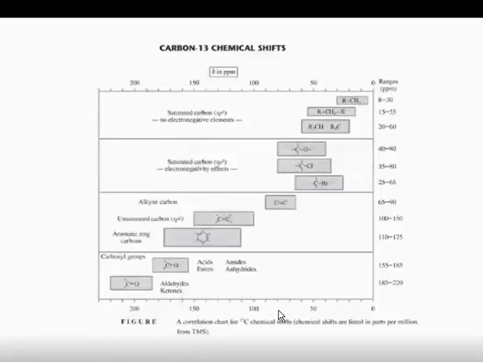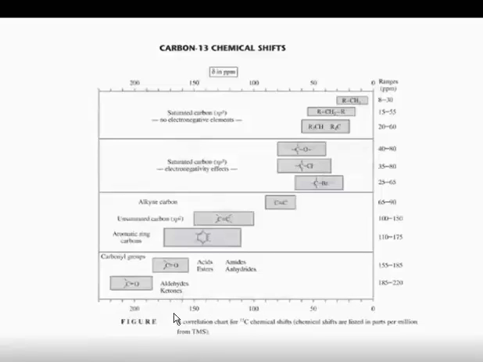For the carbons of an alkene or aromatic ring, the magnetic anisotropy effects really do come into play. The circulating pi electrons cause significant deshielding, shifting those carbon signals more to the left, with delta values around 120, 130, 140 or so.